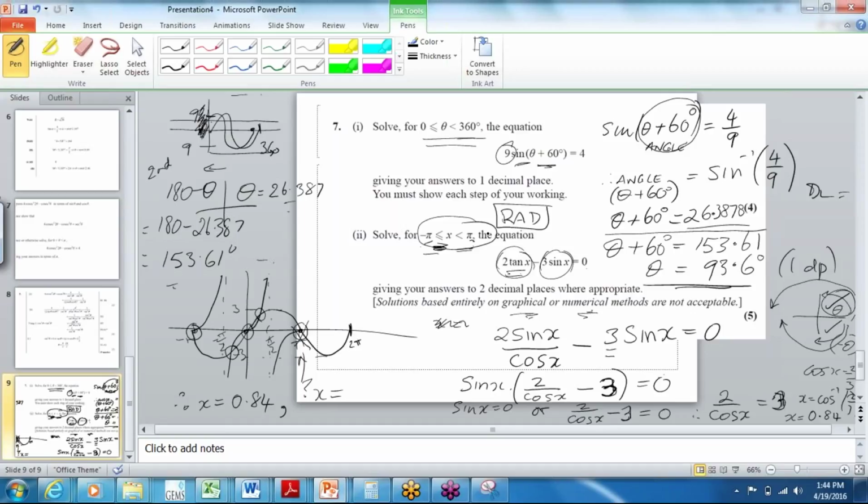What is 2 pi minus 0.84? 5.44. Okay, now subtract 2 pi to take it back one revolution. Minus 2 pi.